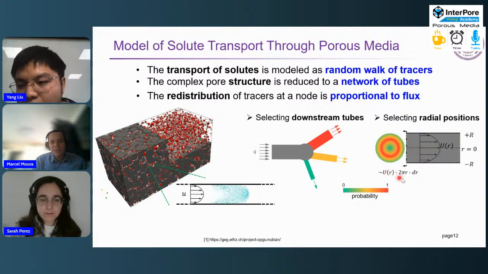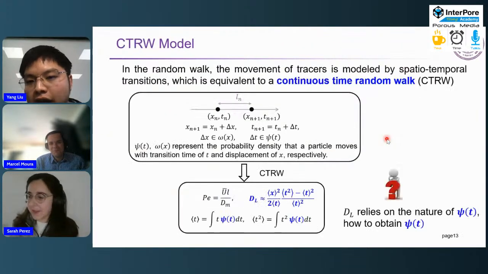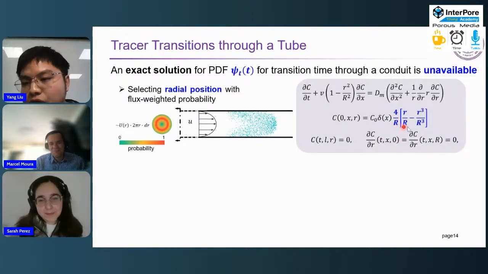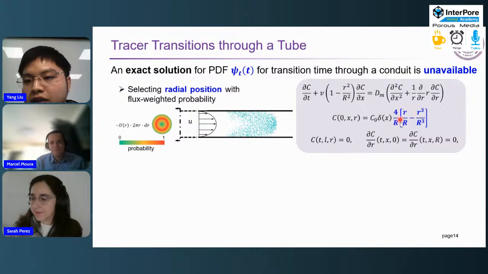The flux is the velocity times the area. In the center, the flux is 0, and at the wall, the velocity is 0, so the flux is also 0. So it will reach a maximum in between. And this is the analytical solution for the probability density function along the radius. So we will see the maximum.